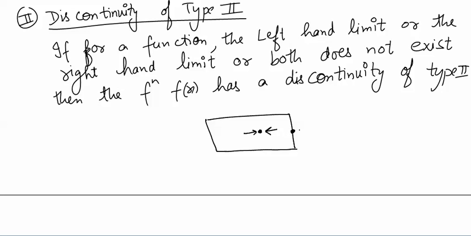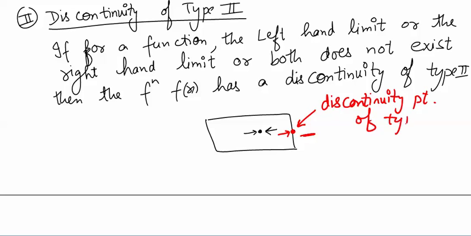This point, I only have a left hand limit. There is no existence of right hand limit. This is vacant, right? So at this particular point, the function will become discontinuous. You can say discontinuity point, or you can say discontinuity of type 2. Clear?